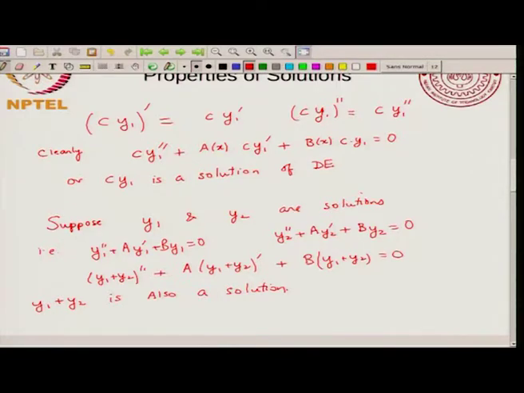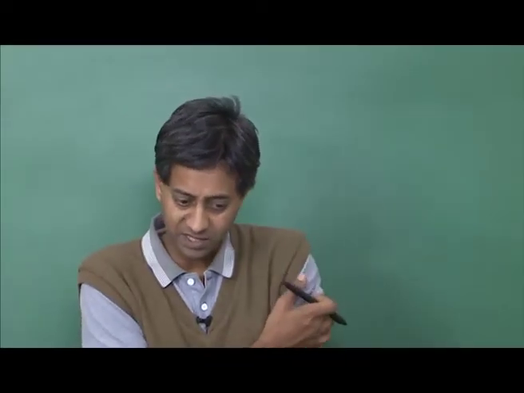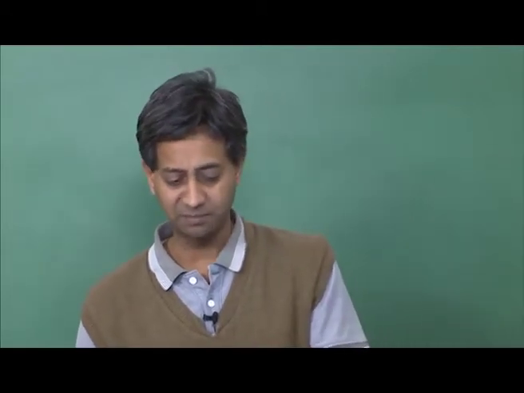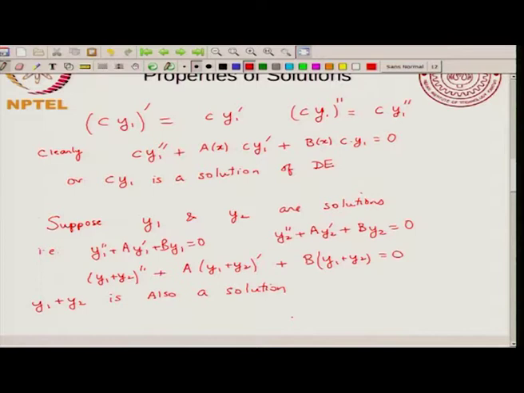Okay. So basically if you have two functions y1 and y2 which are solutions of this homogeneous differential equation, you add them up, you will get another solution, and we already saw that if you multiply any of them by a constant you get another solution.